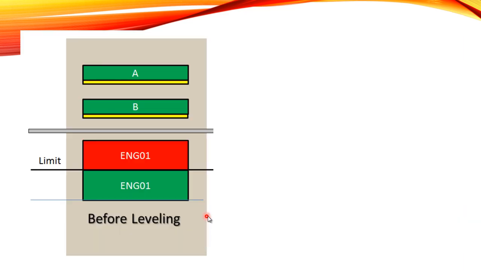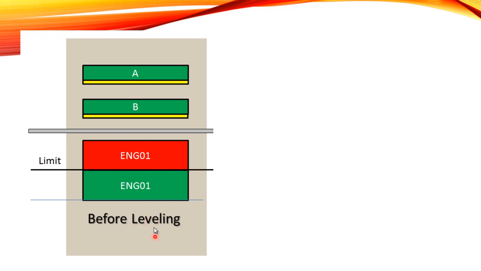For example, there are 2 activities which you have planned, activity A and activity B, that's the baseline. You have assigned engineer 1 to activity A and engineer 1 to activity B. But the limit is that you have only one engineer for performing the work in a day, but you have assigned the same engineer to 2 different tasks.